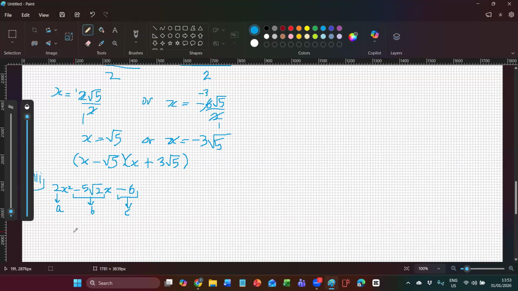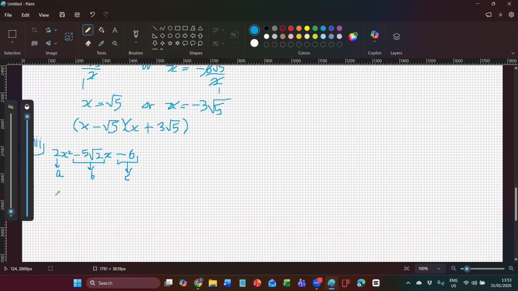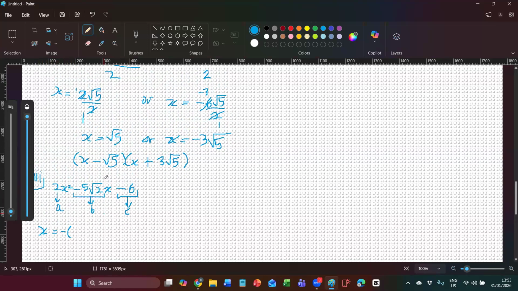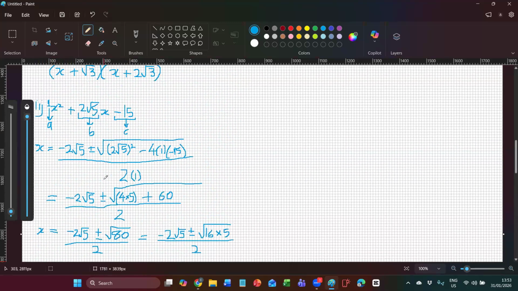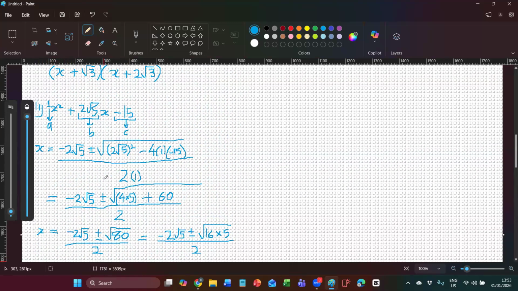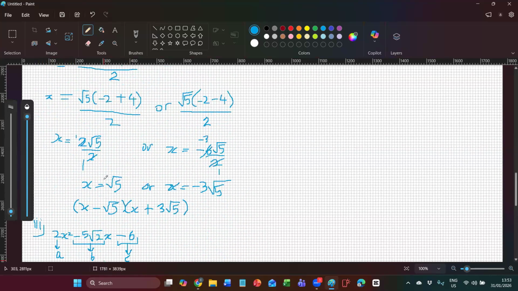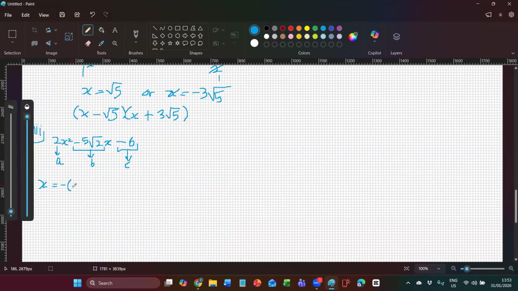Okay. So once we have that all sorted out, all we need to do is to start factorizing. X will be equal to, now, because of that minus B, we have to put B inside a bracket. All this while we've not been putting B inside any bracket, because B has not had any minus sign.